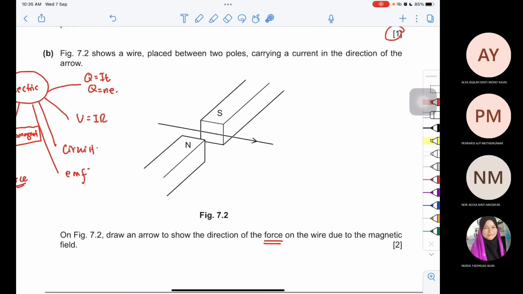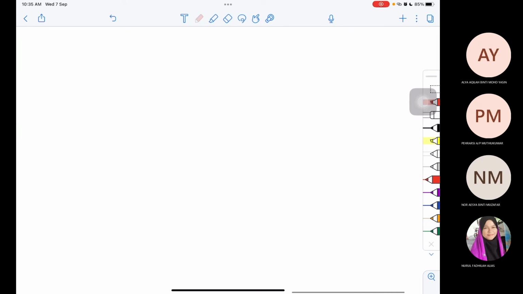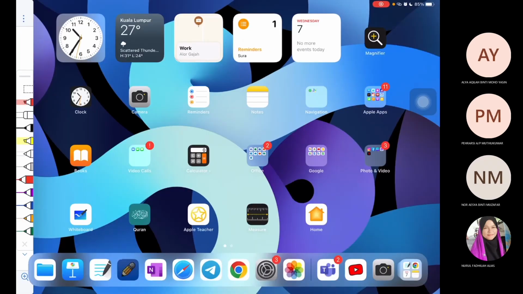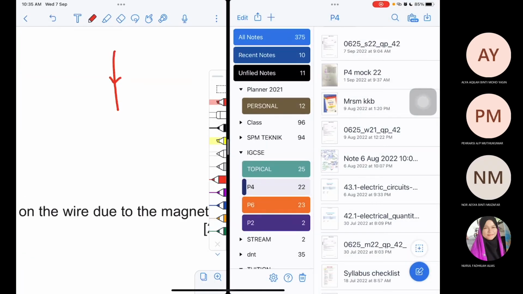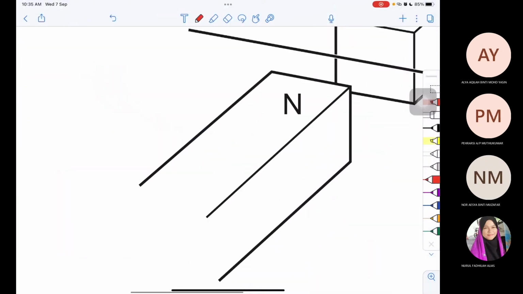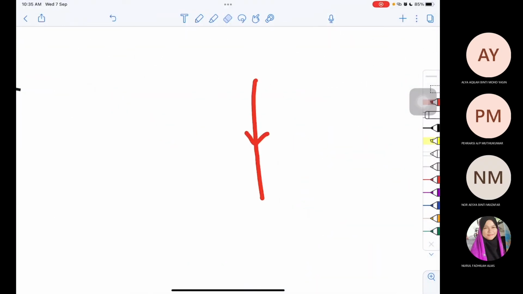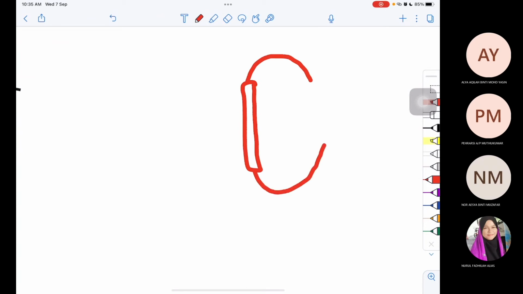Now, remember when we have a conductor, I always talk about this, when we have a conductor, okay, so this is a conductor. So when you connect the conductor to a power supply, current flows. What happened to the conductor?